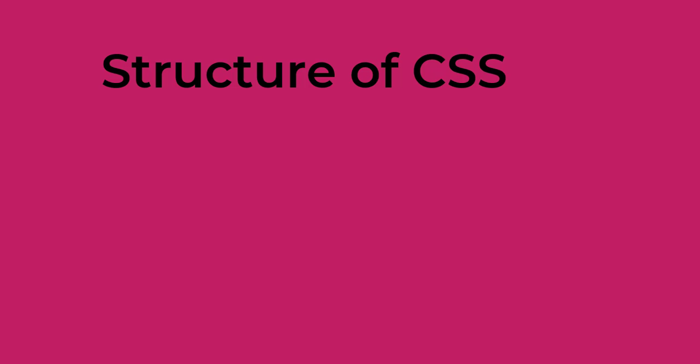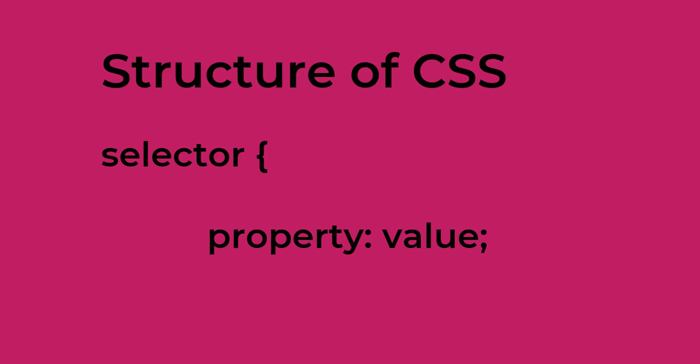So here is the structure: selector, then opening curly braces, property, colon, value, semicolon, then the closing curly braces. This is the structure. I am going to explain these things using an example.